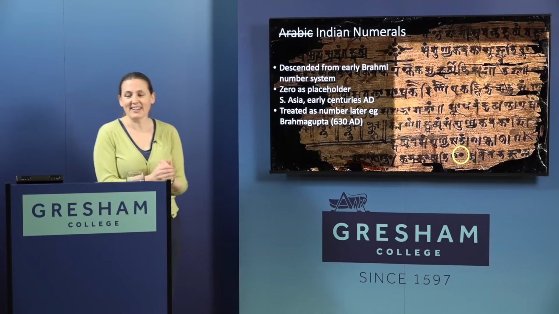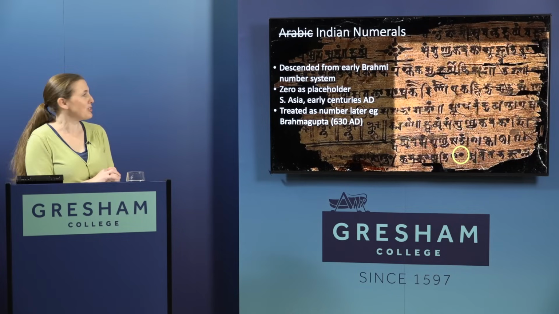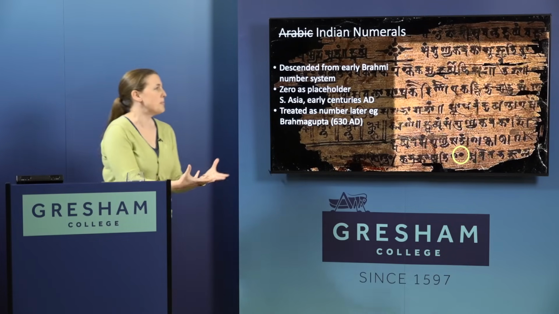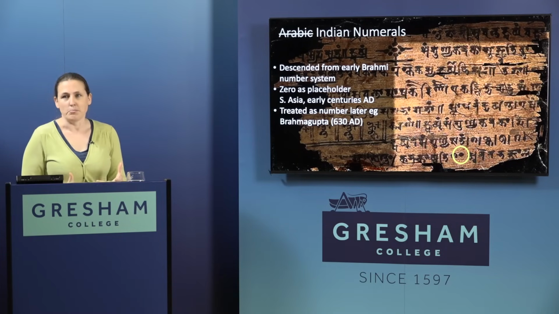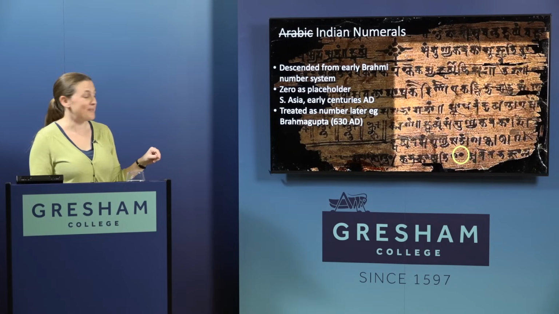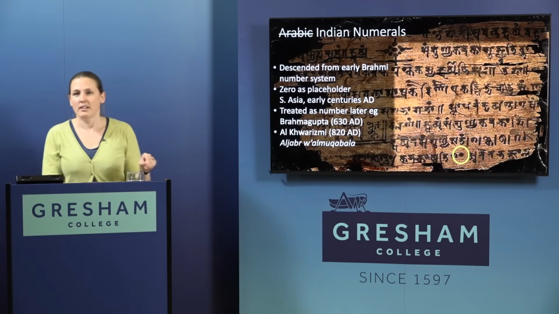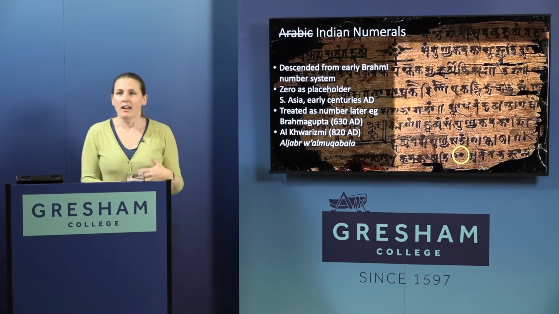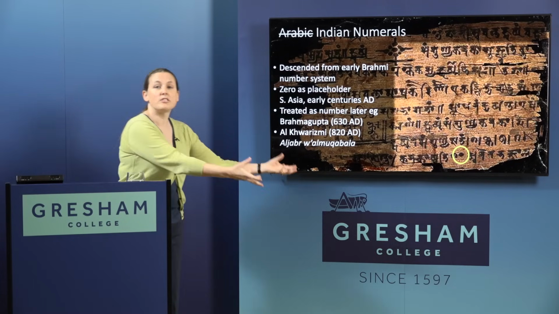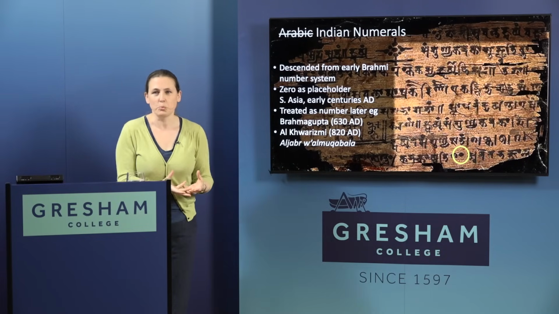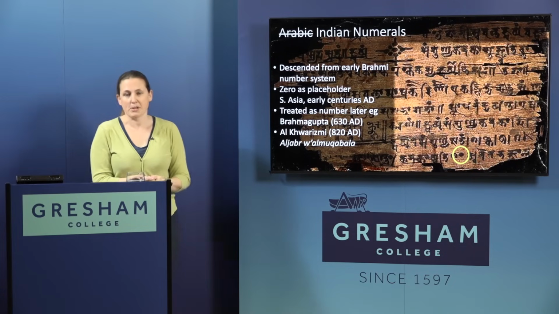The title of this slide has Arabic crossed out and Indian written in for Indian numerals. These are Indian numbers. So why do we call them Arabic numbers? Well, it's because they didn't come straight to us from India. What happened was that Arabic mathematicians like Al-Khwarizmi in the 9th century had translations from the Sanskrit texts into Arabic of various mathematical works, including works by Brahmagupta.